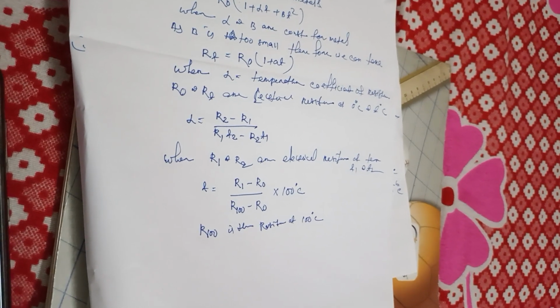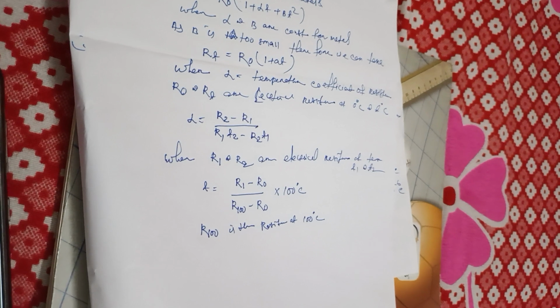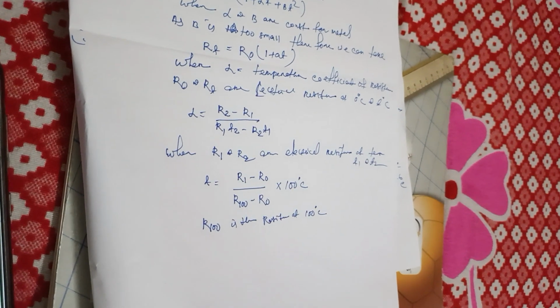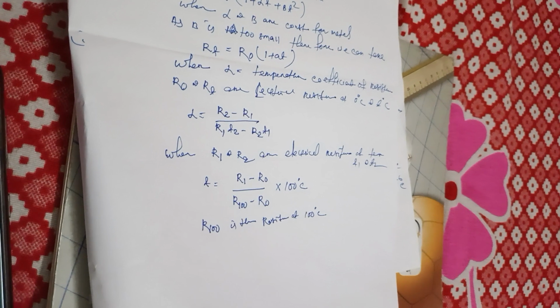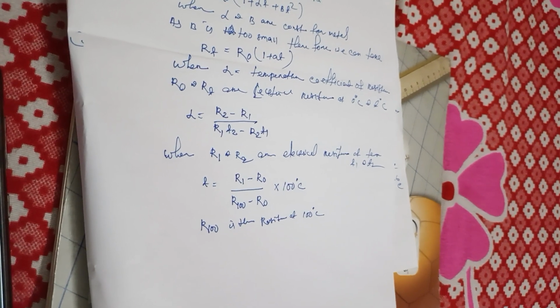Platinum resistance thermometer can measure temperature from minus 200 degree to plus 1200 degree centigrade.